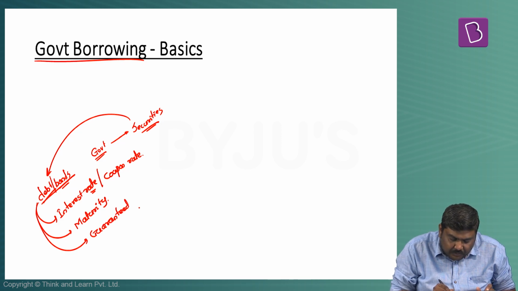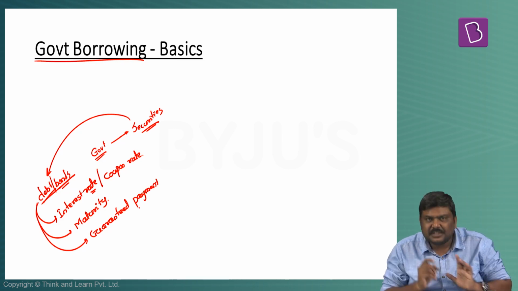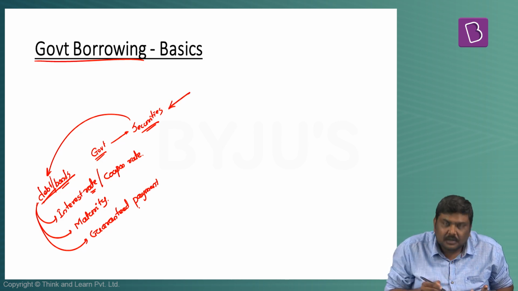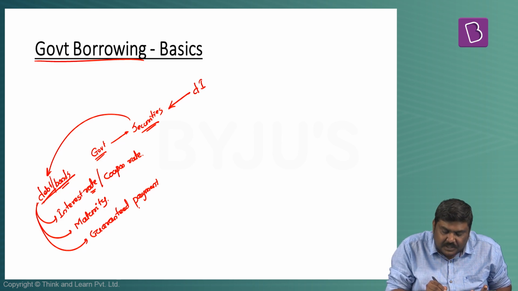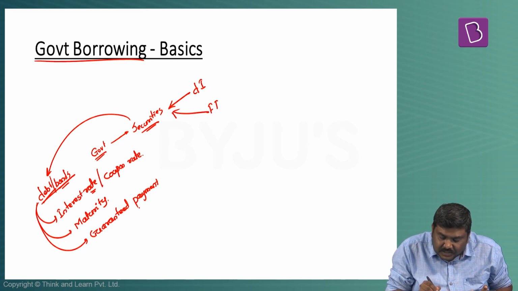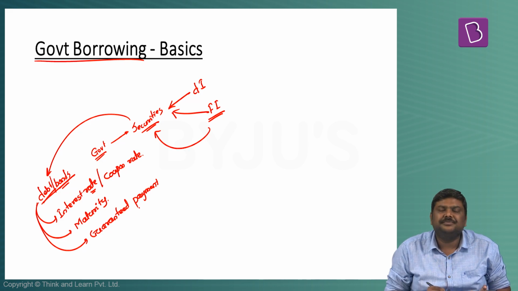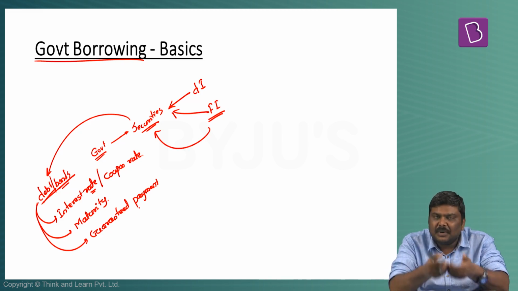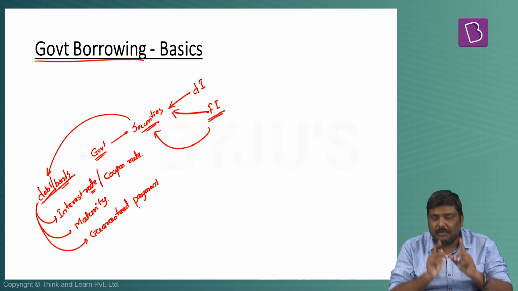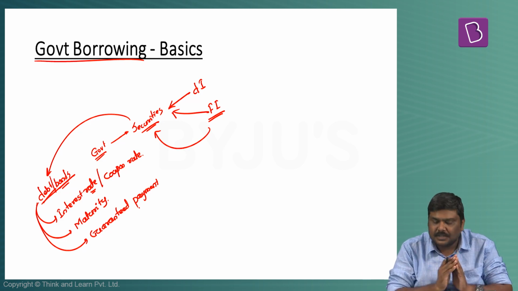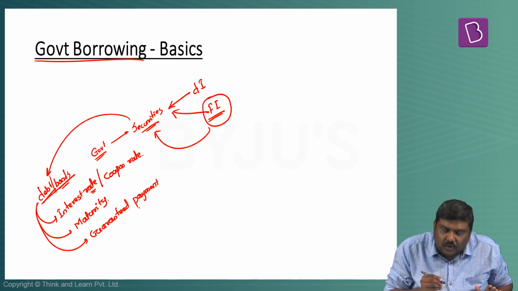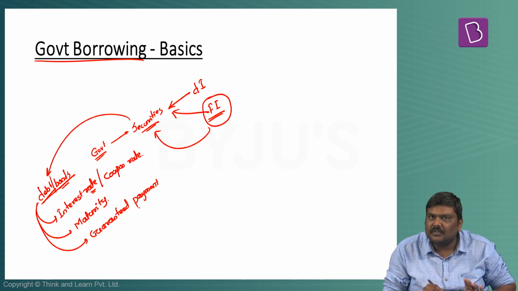So government will issue these kind of securities in the domestic market, wherein the domestic investors as well as foreign investors are allowed to invest. In simple terms, they can purchase these particular securities. But more importantly, understand this, how much is the value of the investment done by the foreign investor?